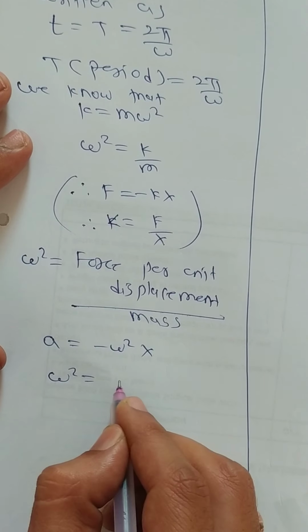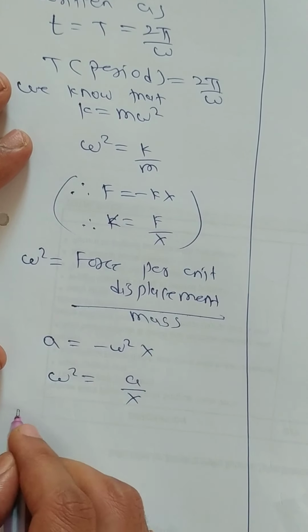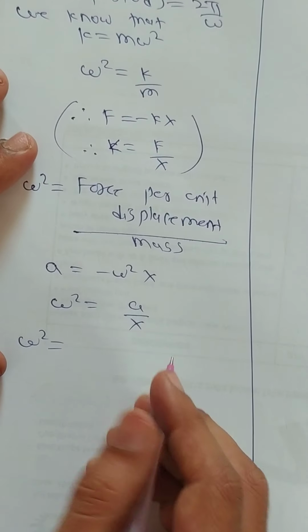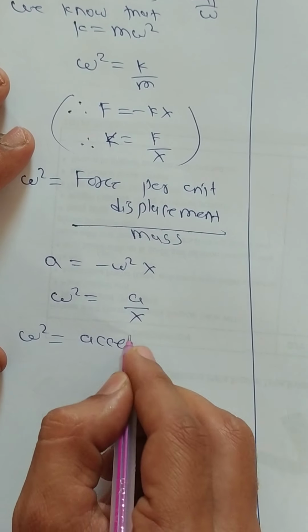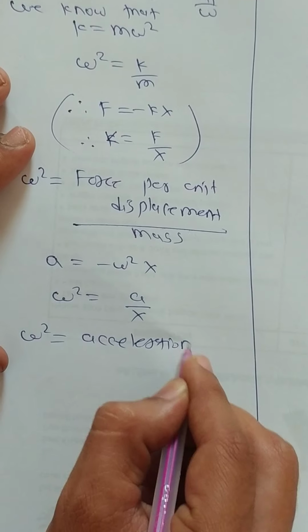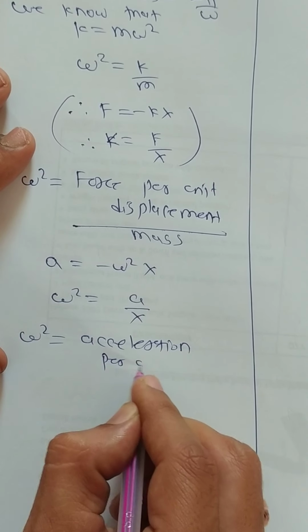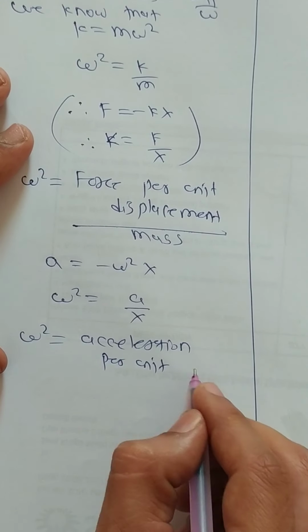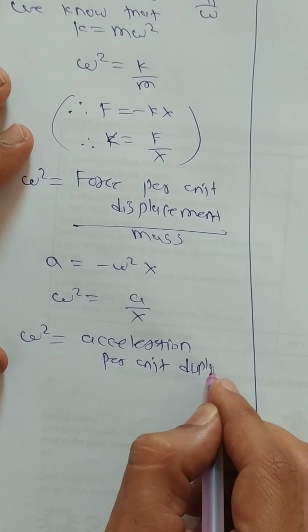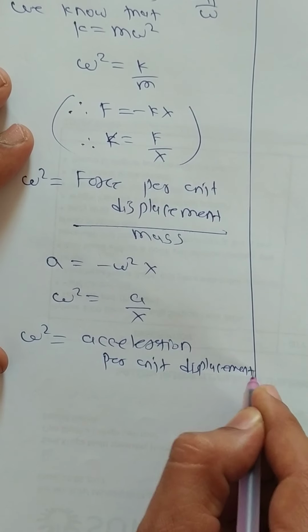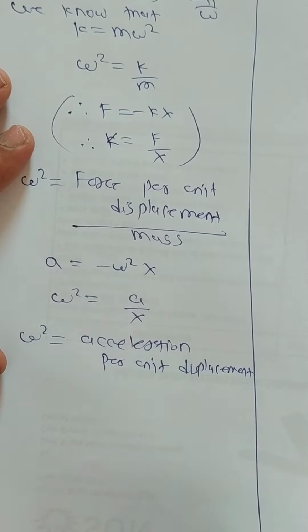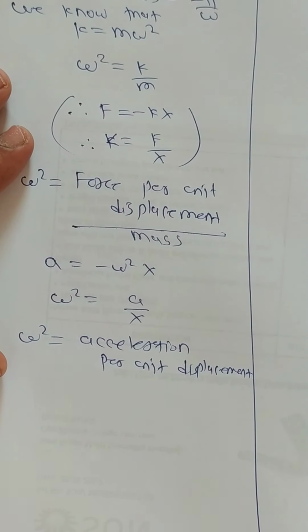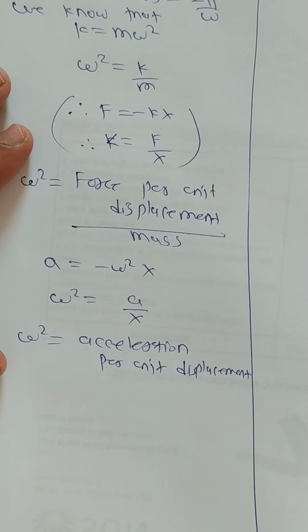So omega square is equal to a upon x. Again I will write here omega square is equal to acceleration per unit displacement. So omega square is acceleration per unit displacement.